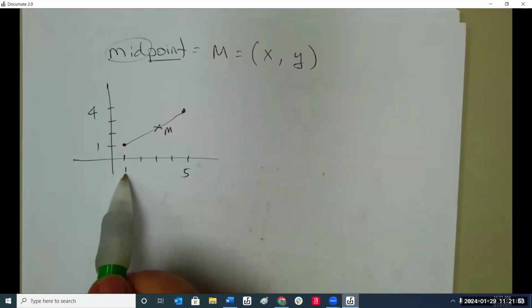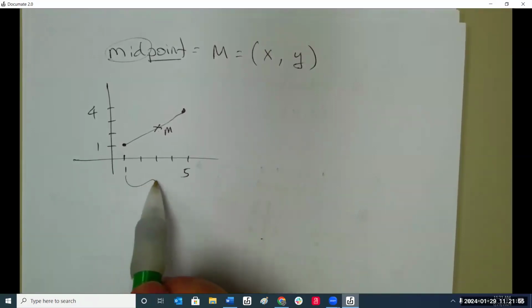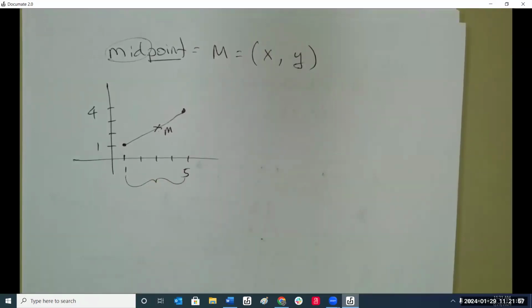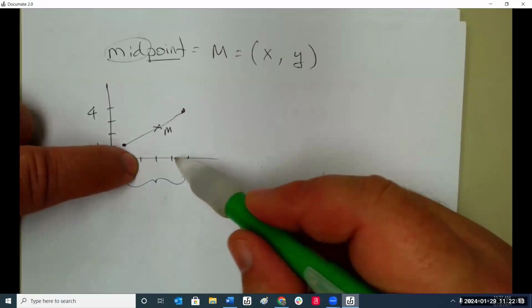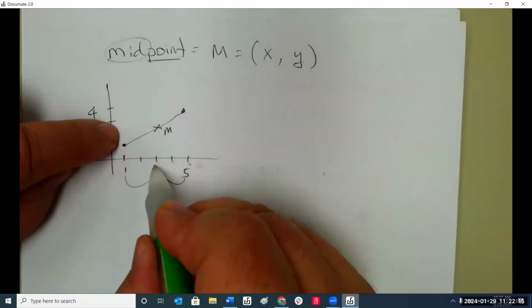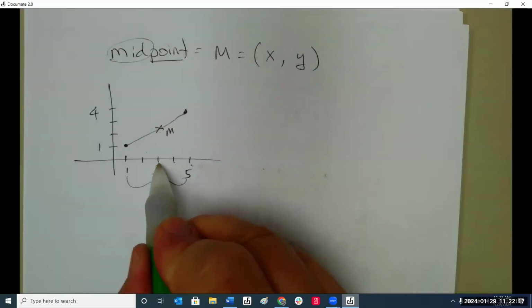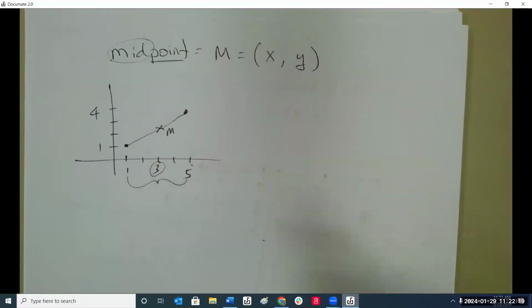So how do we figure out what number's halfway between these two? You could count it, but there's a faster way. Because what you have to do is start at 1 and 5, 2 and 4, and 3. So we know this number is midway between 1 and 5.